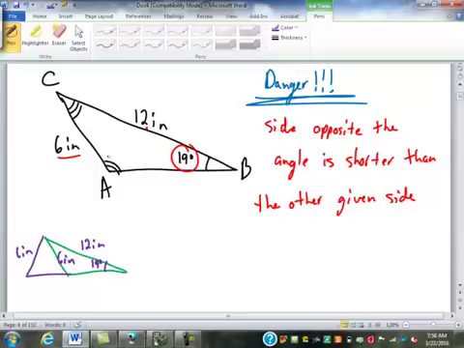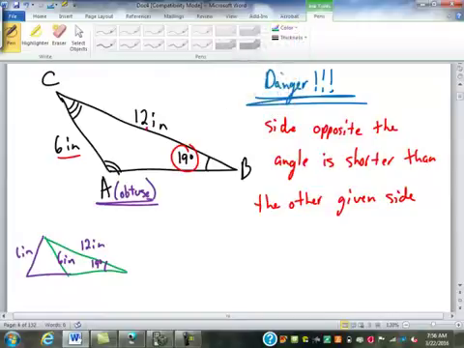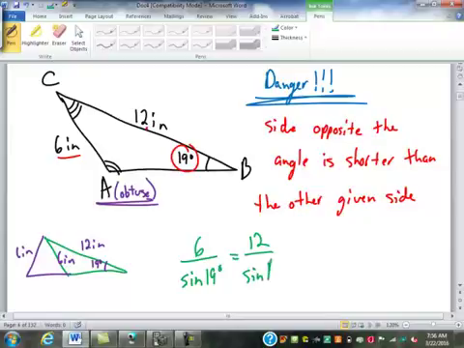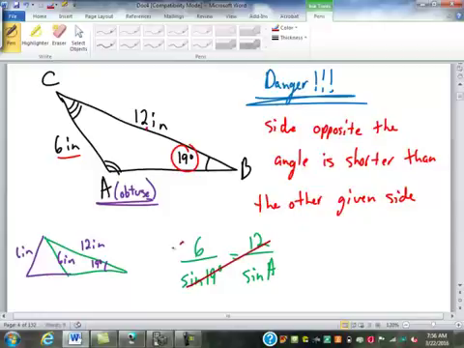In this drawing, though, we can clearly see that A is an obtuse angle. So if we're not told whether that's an obtuse or acute angle, there will be two possibilities. Why does that being obtuse angle affect us? Well, let's take a look. We have our 6 inches over the sine of 19 degrees. That's going to equal 12 over the sine of angle A. So we shall now cross multiply and divide.